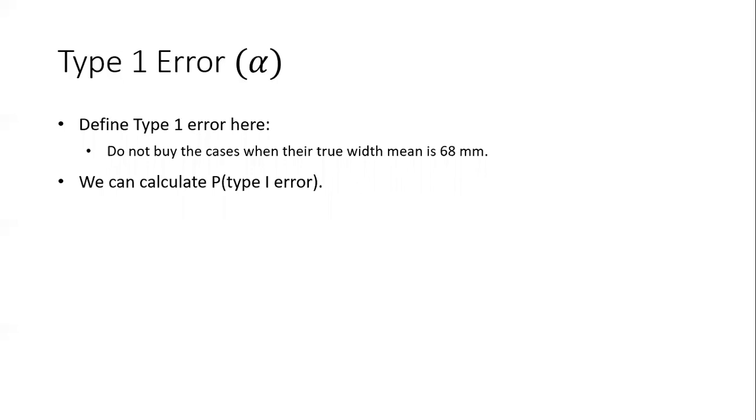So let's define the type 1 error for this particular example. Do not buy the cases when their true width mean is 68 millimeters. What is type 1 error? Remember, type 1 error is rejecting H0 when H0 is true.